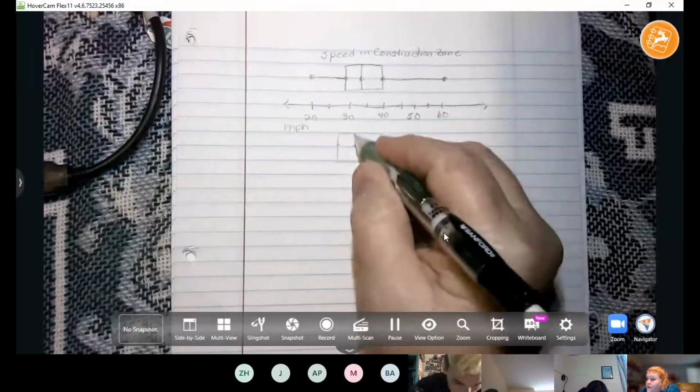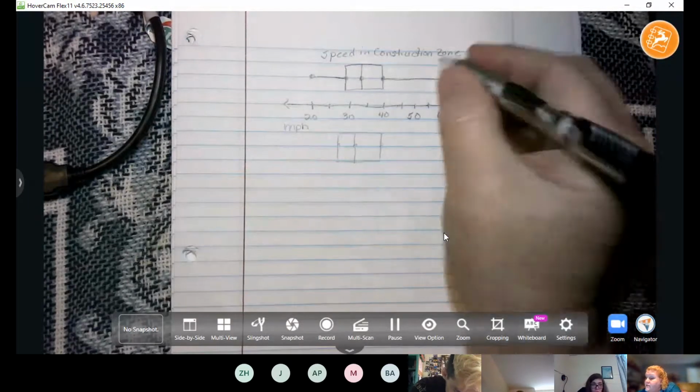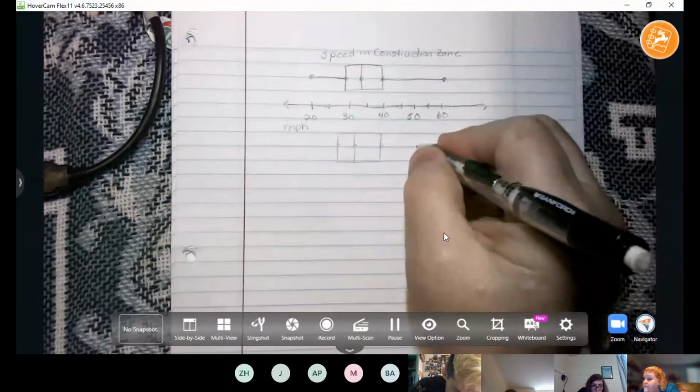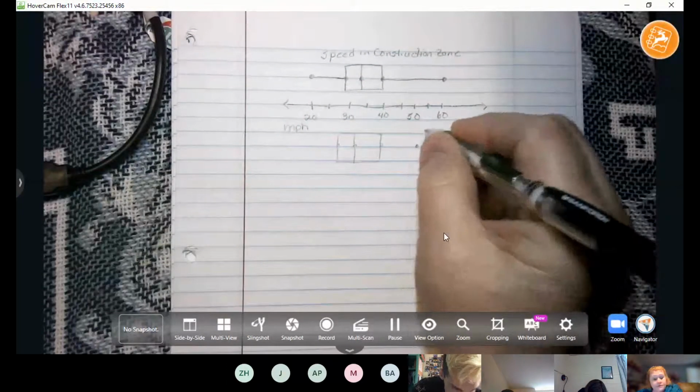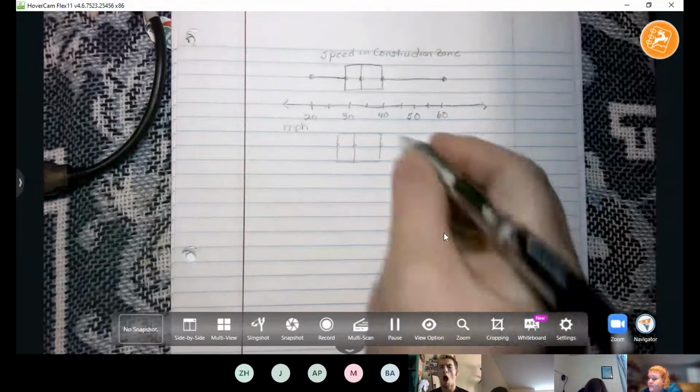The box part of your modified box and whisker is still going to look the same. The part that is different is going to be the length of your whiskers. So the upper fence went to about 53. The lower fence went to 13.